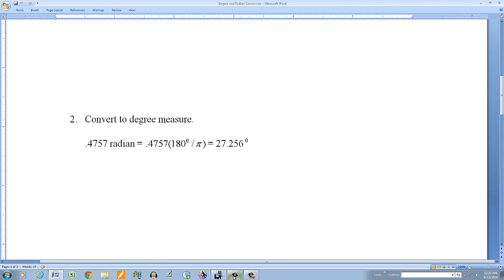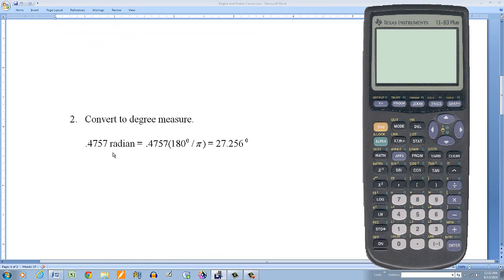The next one, convert to degrees. In this one I want the calculator set to degrees. So go over to degrees, hit enter, and then I'm going to type in 0.4757, and then I want to tell the calculator that this is radians.